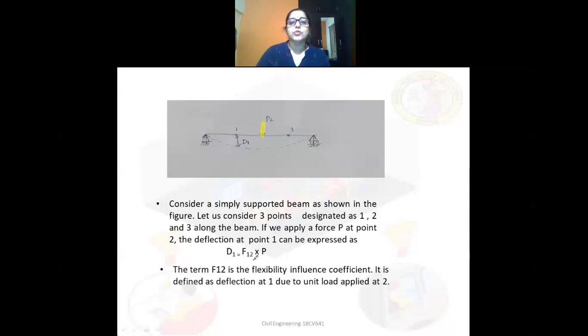What is this flexibility coefficient F12? Here F12 stands for displacement at coordinate 1 due to unit force at coordinate 2. If I apply a force of 1 kilonewton at coordinate 2, what is the displacement happening? So F12 multiplied by that force P. So D1 is equal to F12 into P.